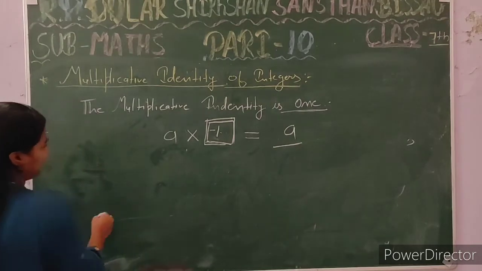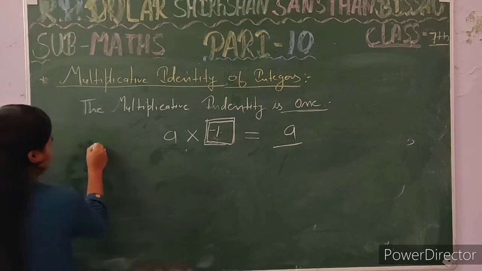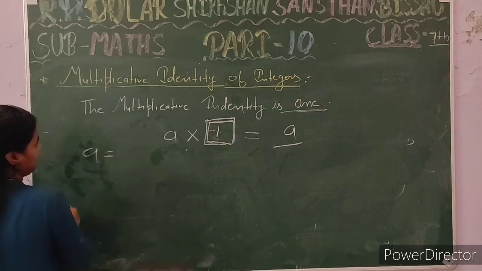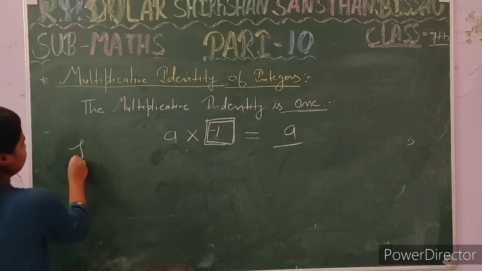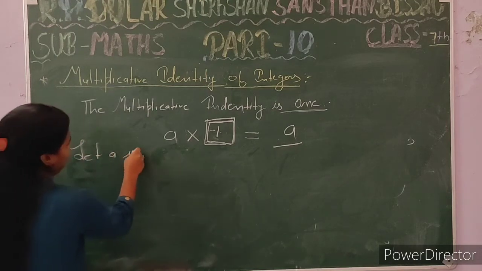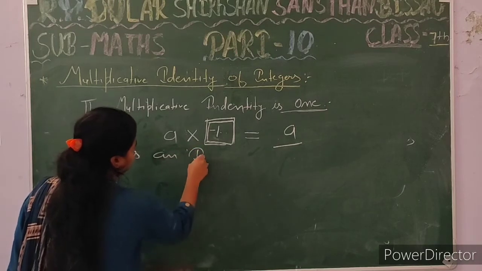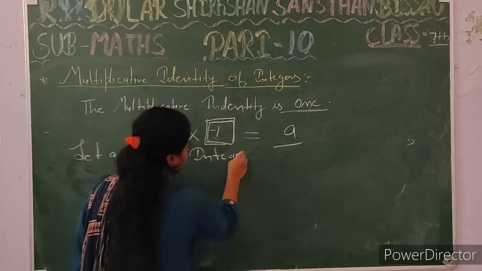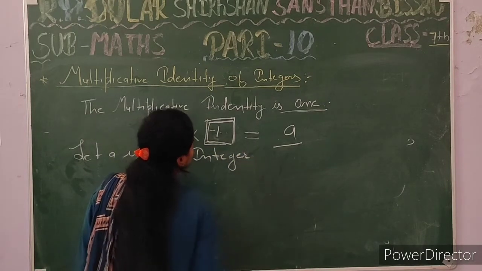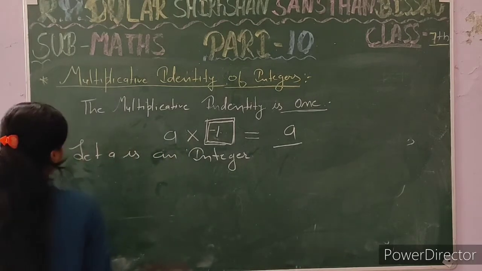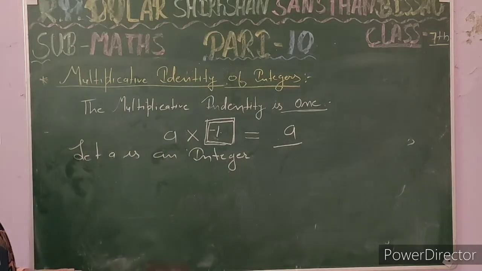I give some other examples. Suppose a is an integer. You can take an integer as positive or negative.